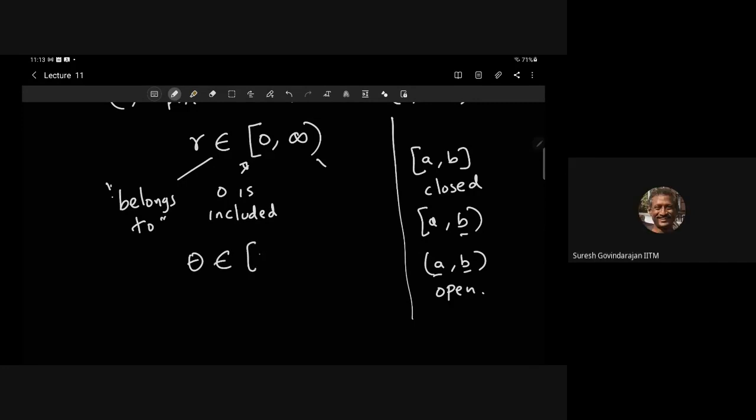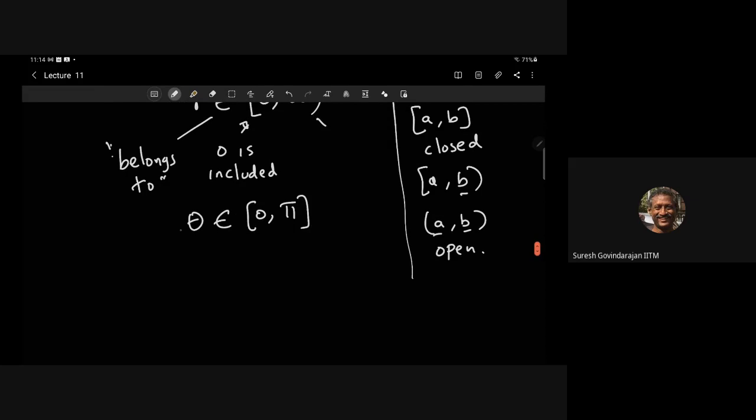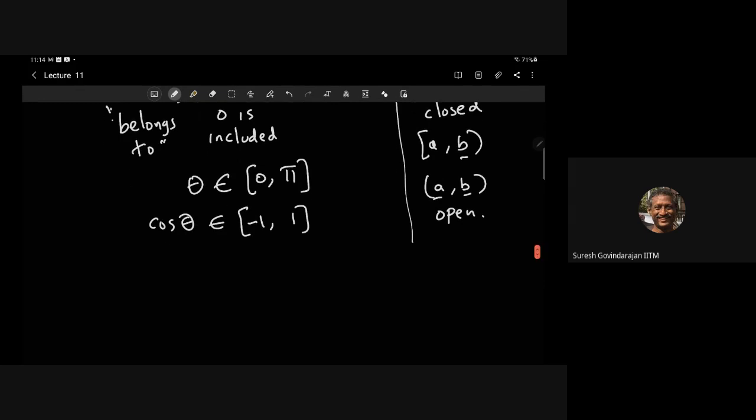Okay, very good. Instead of taking theta, cosine theta is probably a nicer variable, and that will just go from 1 to minus 1. Cosine pi is minus 1 and cosine 0 is 1. So cosine theta is just an alternate representation. I'll tell you in a moment why.